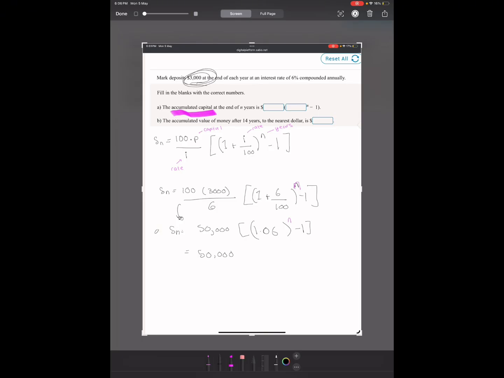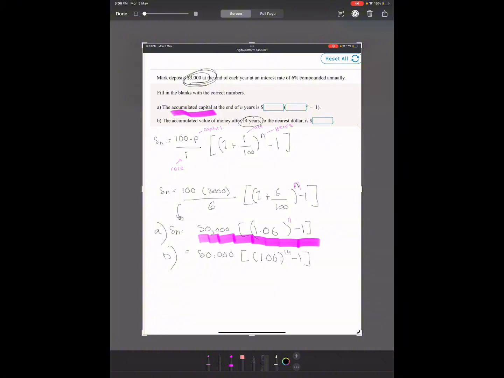Oh, this is for part A. Yeah, we got the answer for part A. They wanted it without finding n, right? Second part, we found n, which is 14. So 50,000 bracket 1.06 to the power of 14 minus 1.